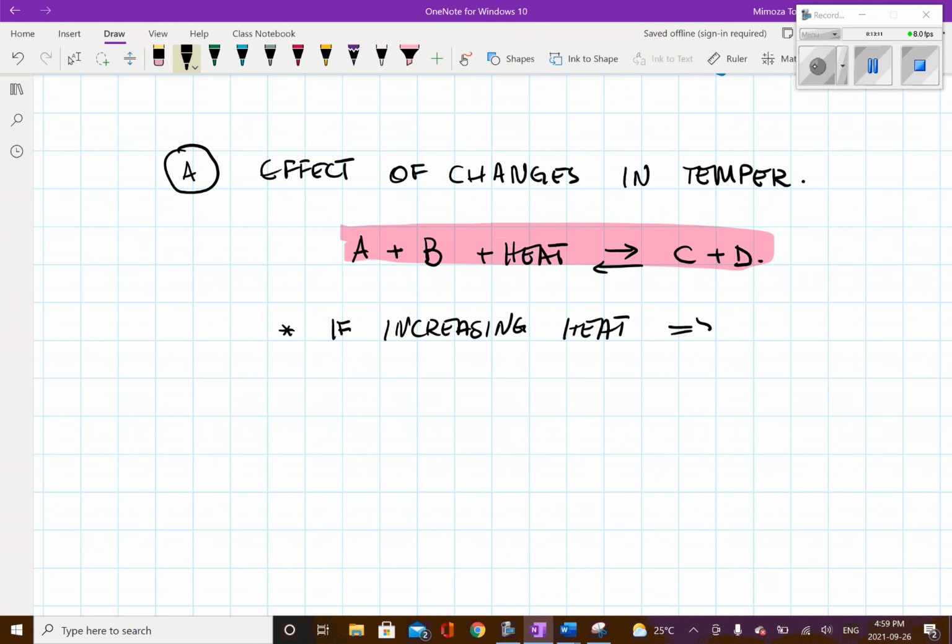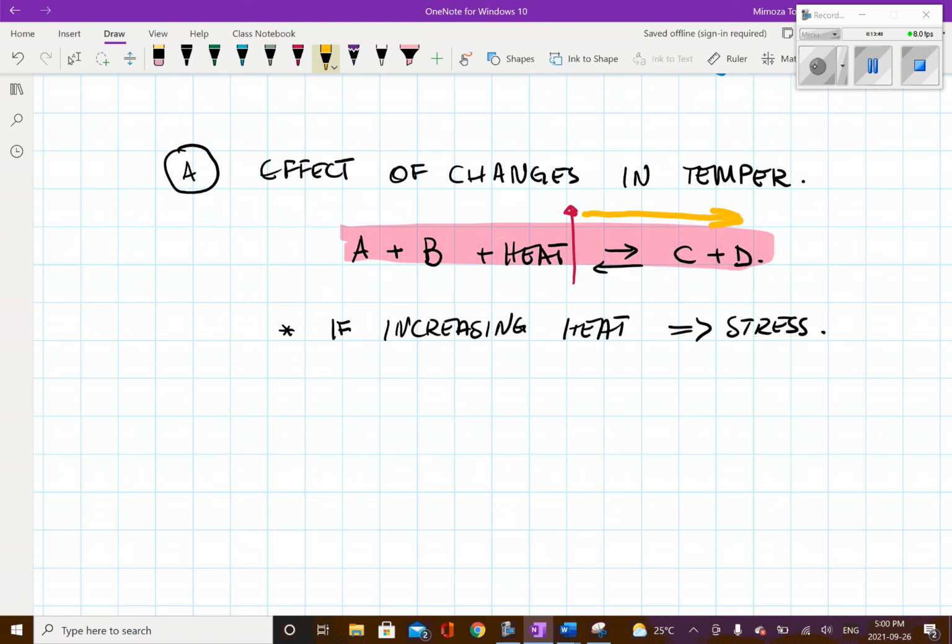So this is the stress that we are implementing to the system in equilibrium. If we increase the heat based on LCP, it is saying that we'll do whatever it takes to cancel, to use up the change that we are doing. So if we are increasing the heat, it will do whatever it takes to use up that heat.